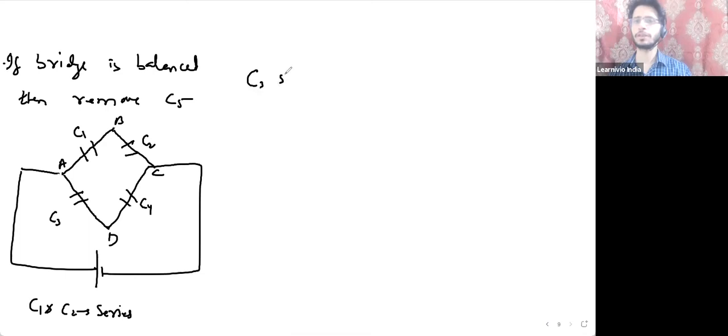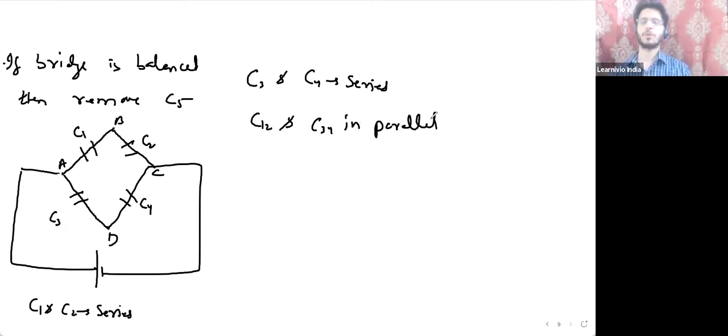C3 and C4 are in series. And the combination is in parallel. You can get the same circuit from resistors or capacitors. Just note it down, that will give you a numerical.